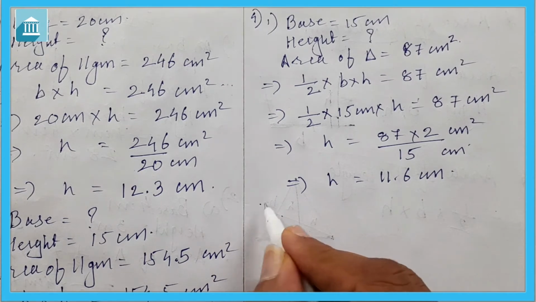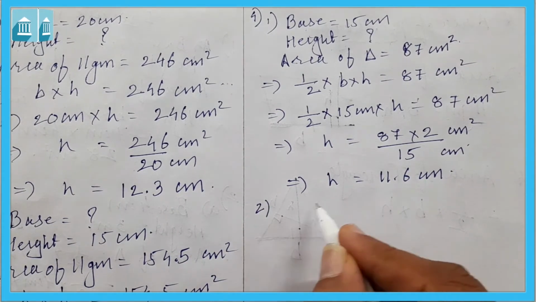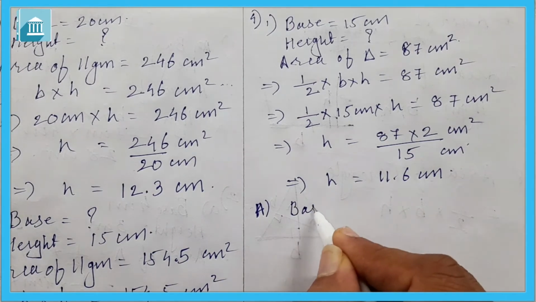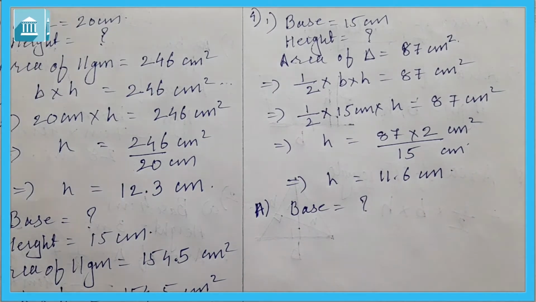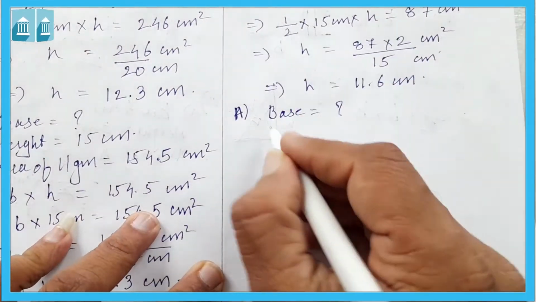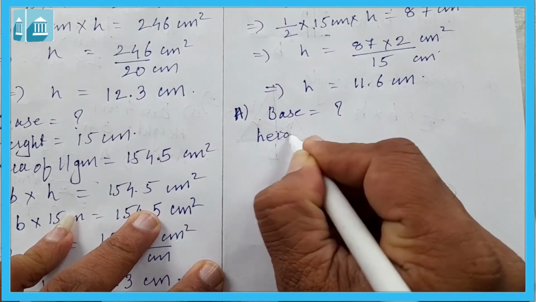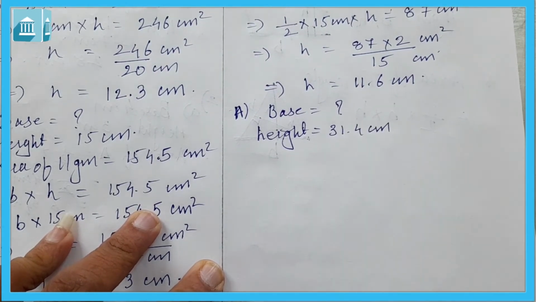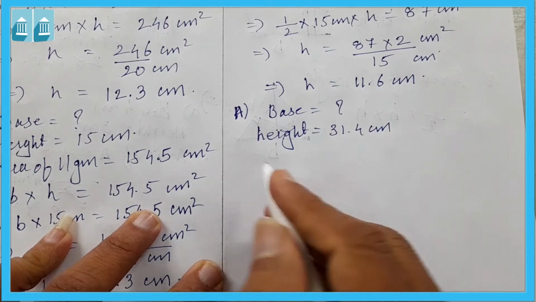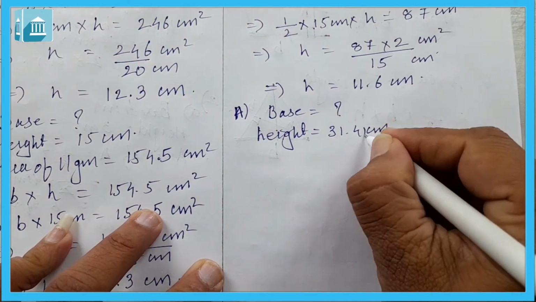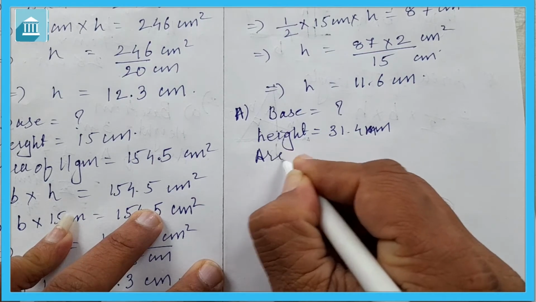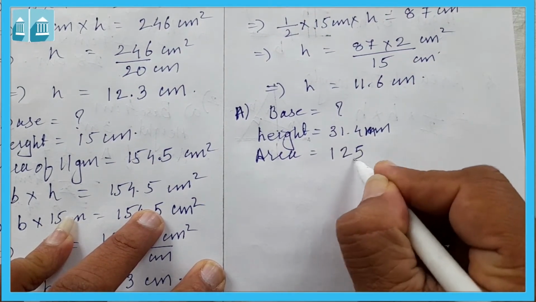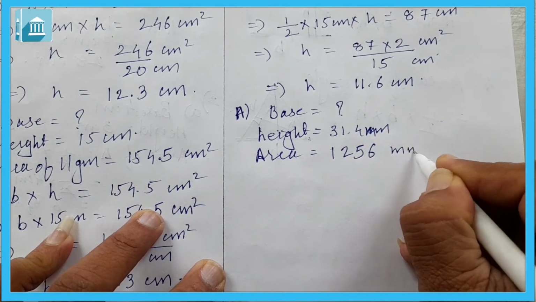Now let us see the second one in this. In the second one here, in the table, base is not given. Height is given 31.4 centimeter and area is given, sorry, it is here millimeter, and area is given 1256 millimeters square.